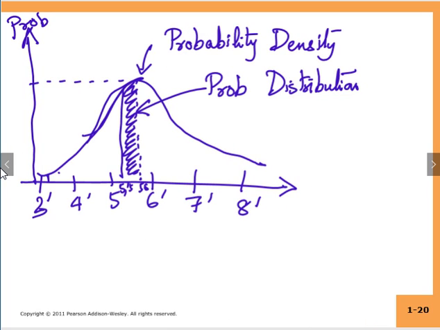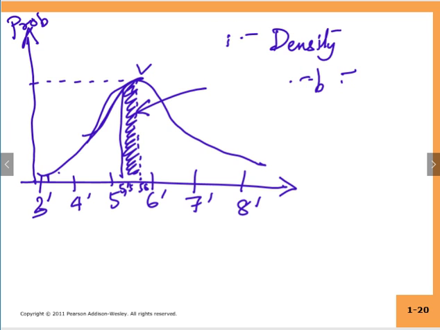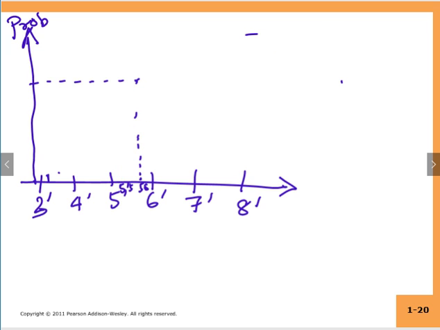So when you talk about this distribution, let us draw this again. Okay.